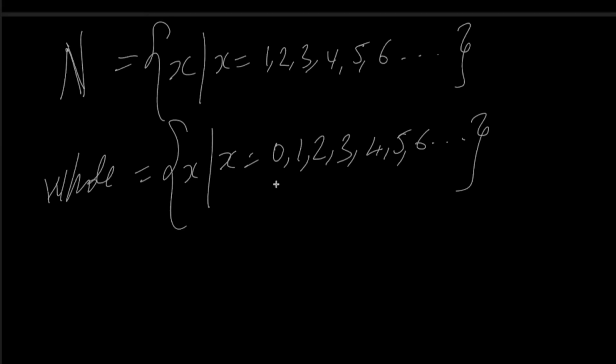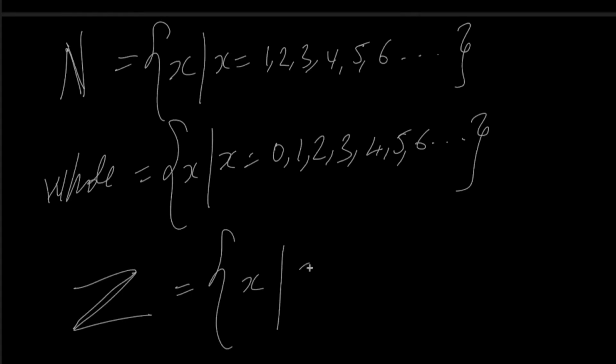When you want to consider the negative numbers along with these whole numbers, you are now talking about the integers, which are represented by Z like this. S such that S is equal to, from negative infinity, let's say minus 2, minus 1, 0, 1, 2, to infinity.